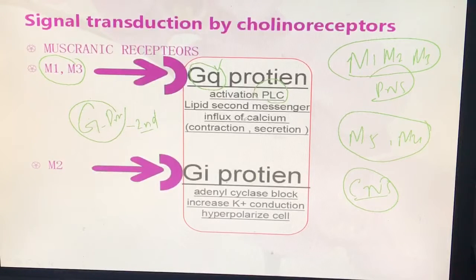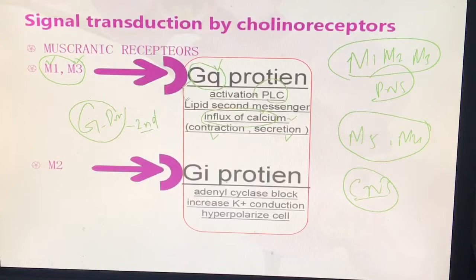The second messenger system increases the level of calcium inside the cell. So these M1 and M3 receptors are present basically on smooth muscle, and on glands that release something. Because of the calcium influx, for contraction and for secretion we need calcium.